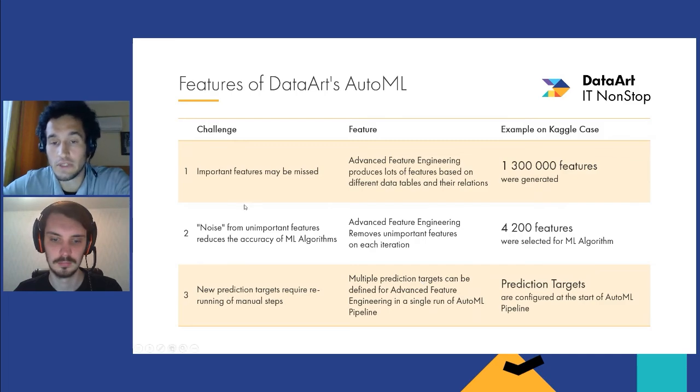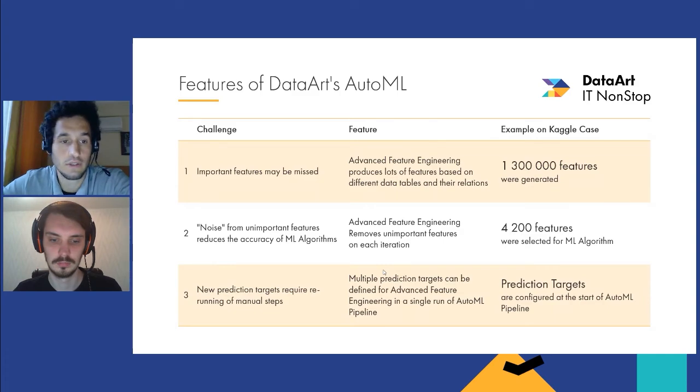And from this huge amount, we selected only 4,200 features that were useful for the models. We also introduced a feature to have multiple prediction targets. It means that part of the generated features may be useful to predict default, like in our case, and other features can be useful for other things.